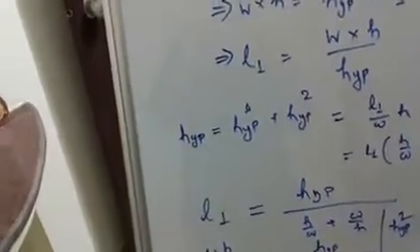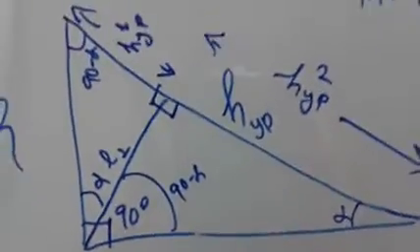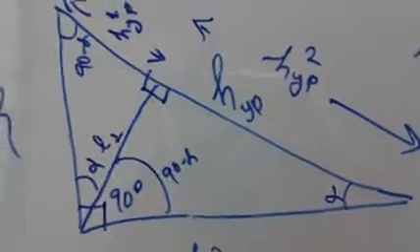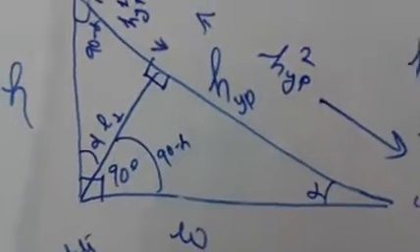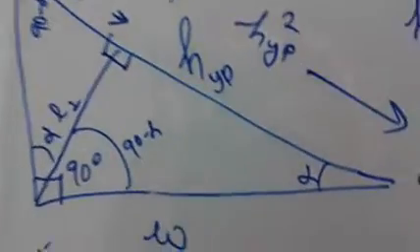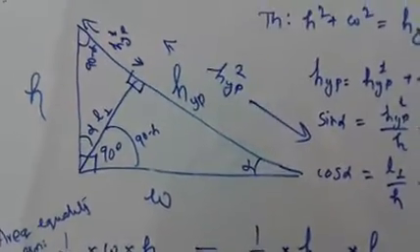Now, we have another component of this symmetry, a symmetry component in this triangle. If you look at this triangle, the triangle has two angles. One is alpha here, and the other is 90 degree minus alpha here, because the sum of all the angles of a triangle is 180 degrees.